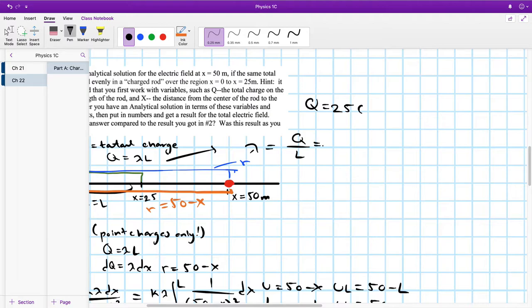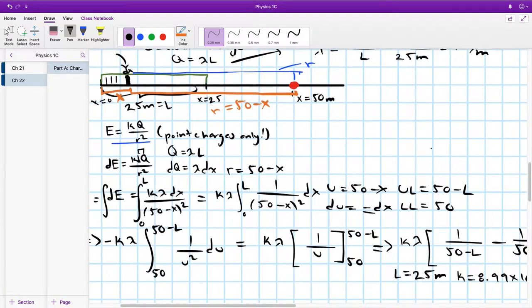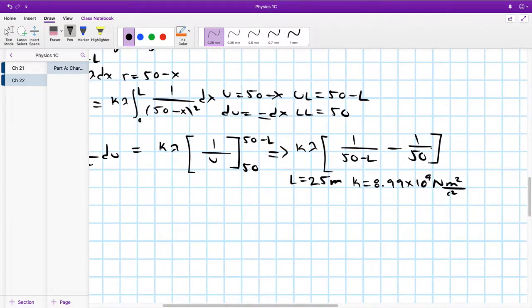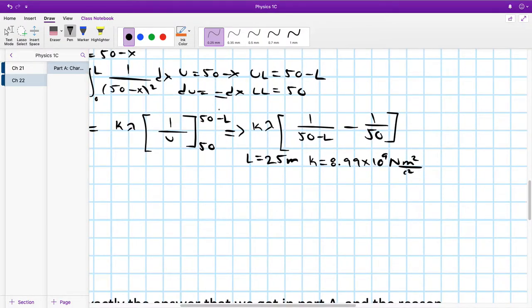So we're going to be doing 25 coulombs over 25 meters, giving us 1 coulomb per meter. So every meter, there's 1 coulomb of charge for this rod. Okay, so now we know what lambda is. Lambda is 1 coulomb per meter.